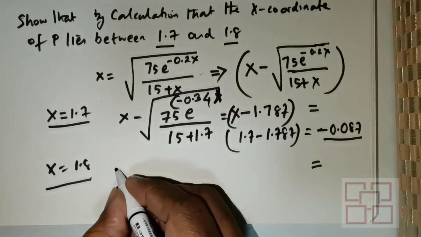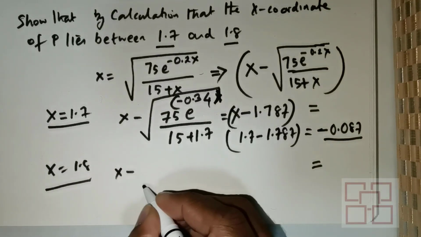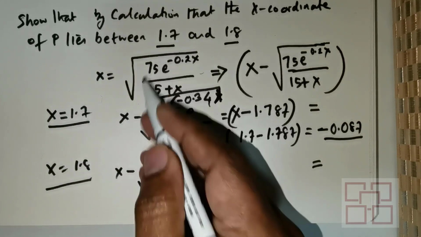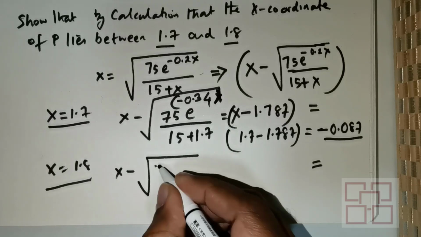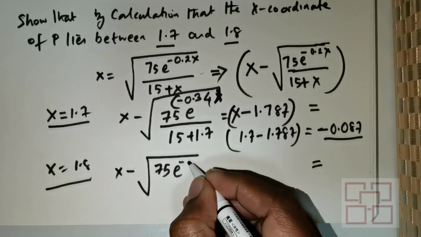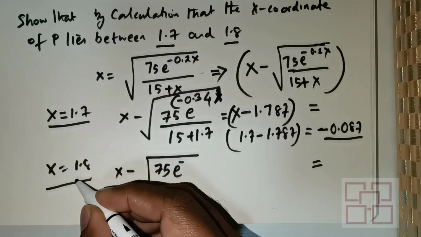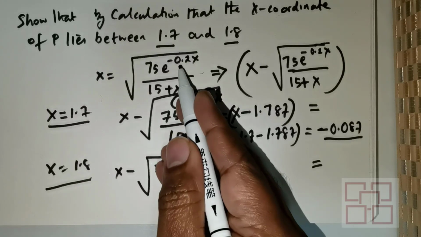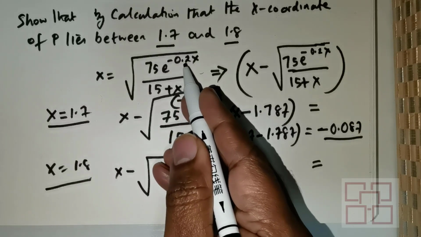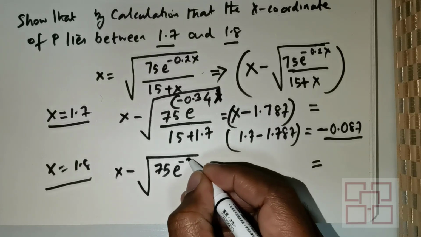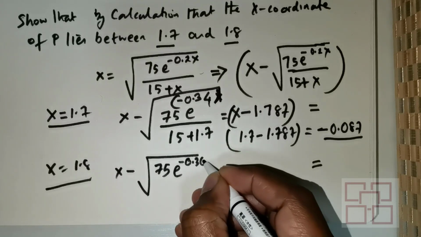Now, for the second quantity, we are going to substitute x equal to 1.8 in the same expression. So that's going to be 75 e raised to the power negative, when x is equal to 1.8, that has to be substituted here, and when multiplied with 0.2 would give us 0.36.